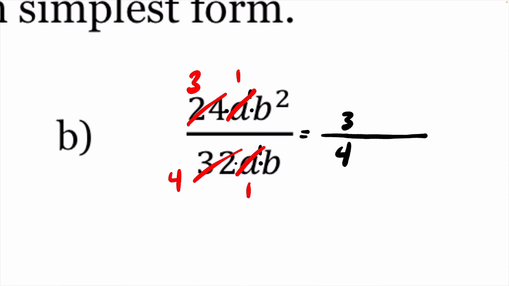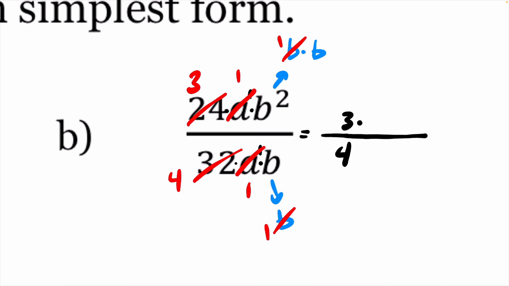It's not exactly the same because B on top isn't B to the first power. This is B to the second power, right? And this guy is just B. So anything divided by itself, B divided by B makes 1. But we can't do that with the other B because we're all out down here. So it stays. So let's take a look at what we got.